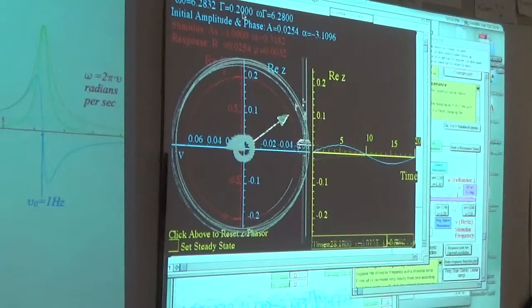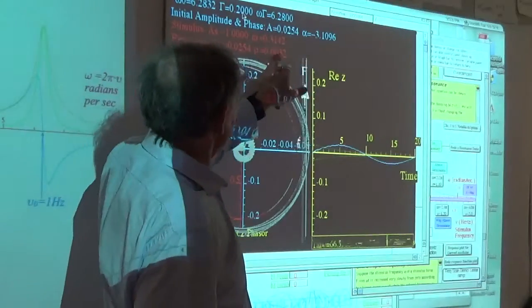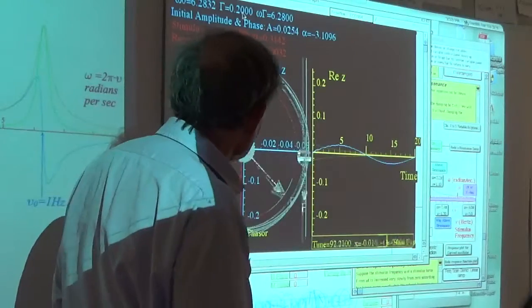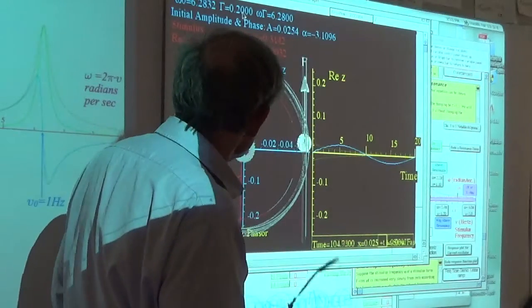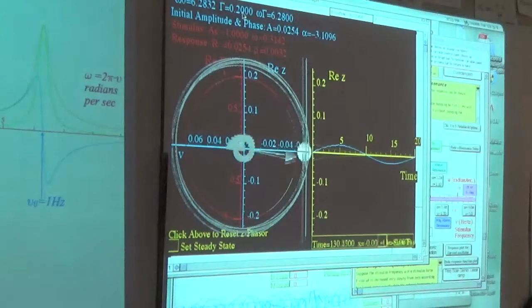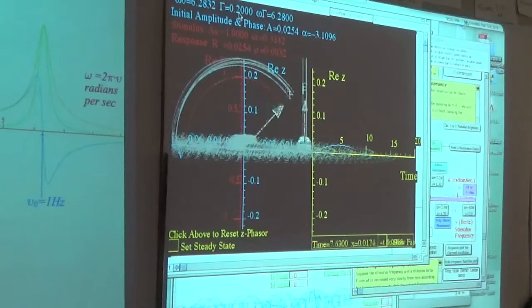Anyway, the idea here is that the phase lag, that's this, is pretty small. And that's something that would show if I can display those pieces, and I will try to get that going. Steady state phasor. Oh dear.